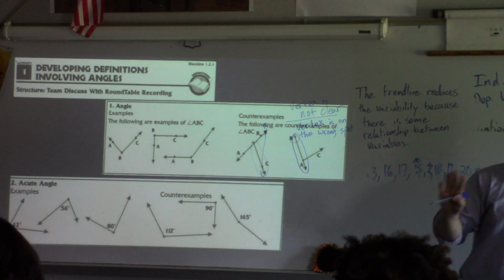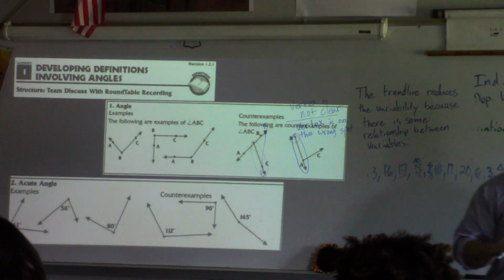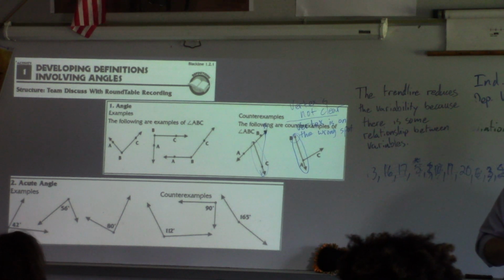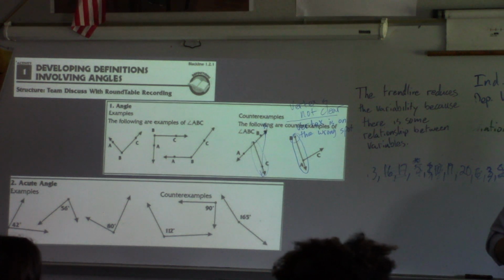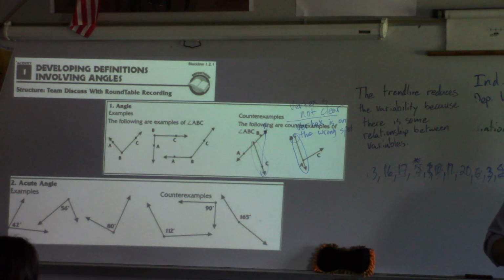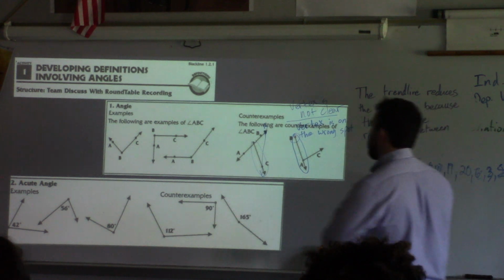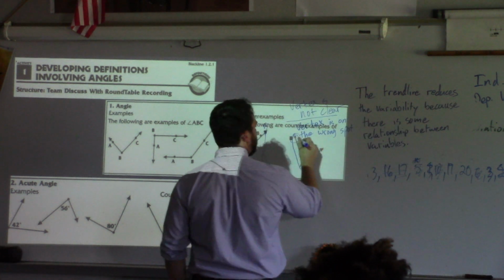Does anyone have any other details we want to add to this? Going once? Going twice? What you got, Brandon? The rays don't meet at the same point. So the rays don't meet at the same point, okay? And so that is also important.